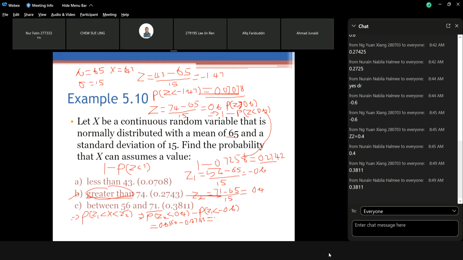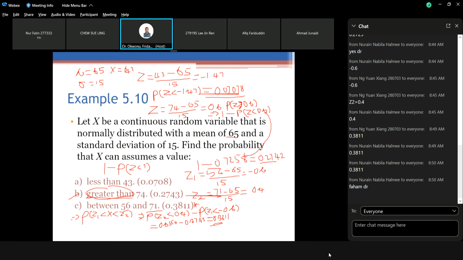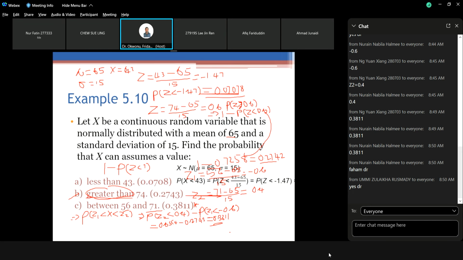What is the answer, students? What is the answer? 0.3811. That's how you got this. Paham, students? Okay. So proceed.